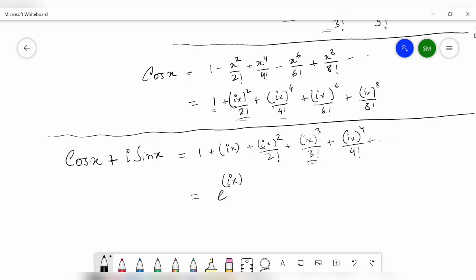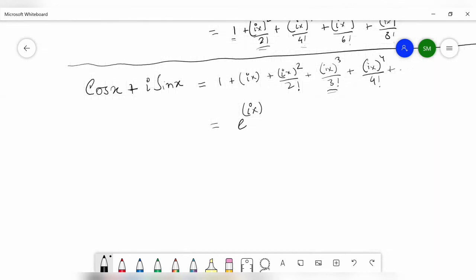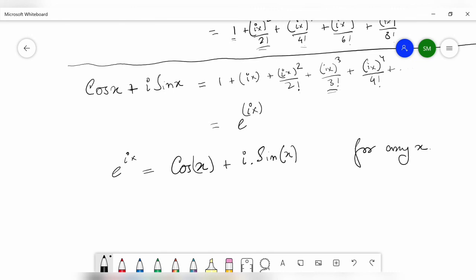So what we found is that e to the power ix can be written as cos x, let's put it in brackets so that there's no confusion, plus i into sin x, for any x, right?